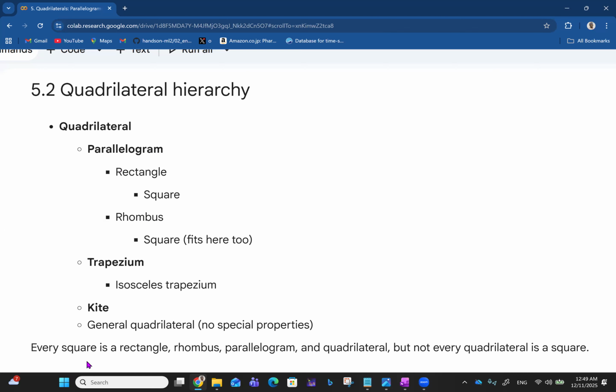And every square is a rectangle, is a rhombus, is a parallelogram, and a quadrilateral. But not every quadrilateral is a square. So now we have extended our idea from the fact that every square is a rectangle, but not every rectangle is a square. Every square is a rectangle, a rhombus, a parallelogram, and a quadrilateral. But not every quadrilateral can be said to be a square.